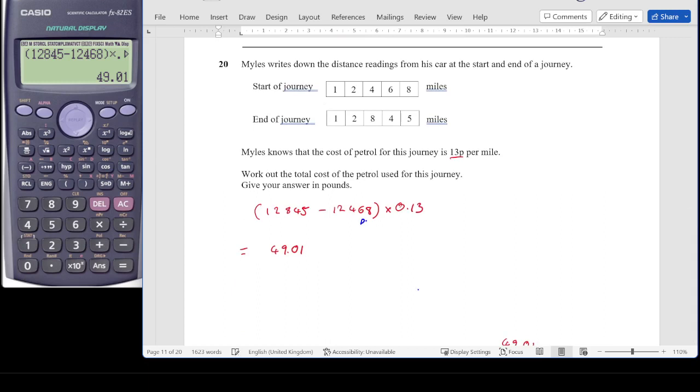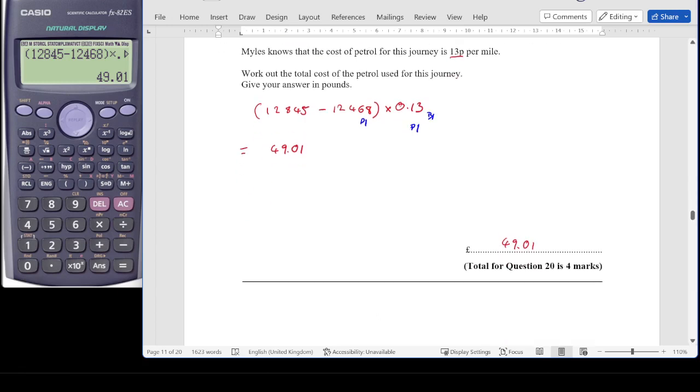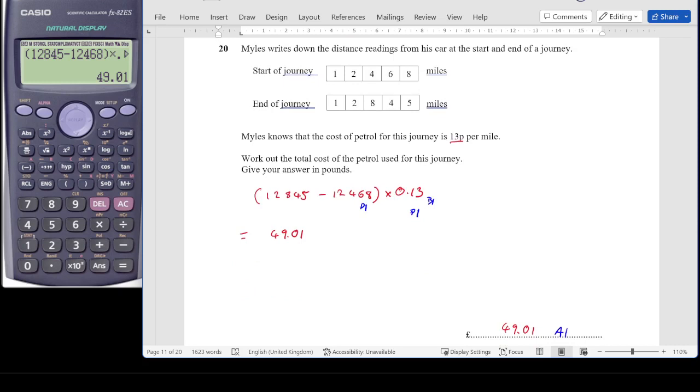So we've got P1 there. It's suggesting P1 to find the total cost of petrol. I'm going to go B1 for converting pence to pounds. So P1 and then A1 for the 4 marks. And that brings us to question 20. So I'll stop the video there and start the third one shortly.